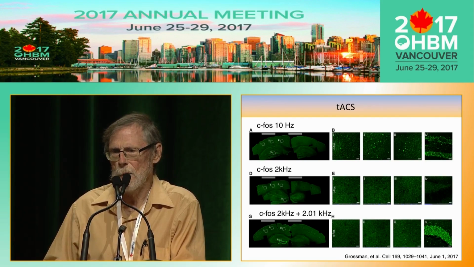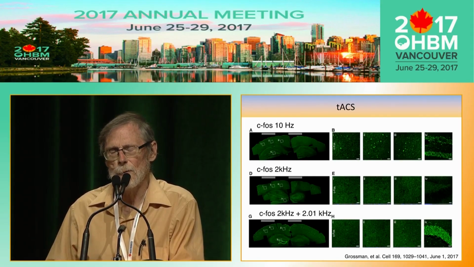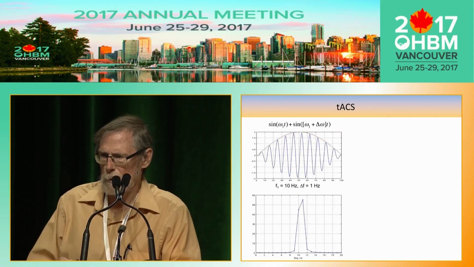And if you just use 2 kilohertz on both in the center, you see no activity. So it was, again, the requirement of having a low frequency interference that allowed a spatial representation deep within the brain. And that's shown in these plots as well, which I won't go over.